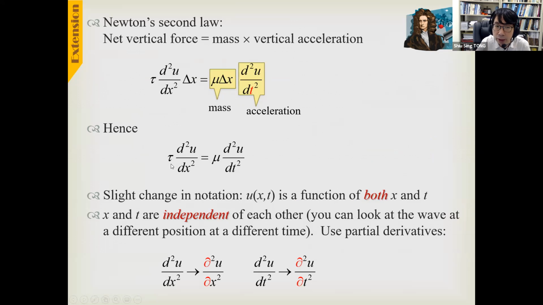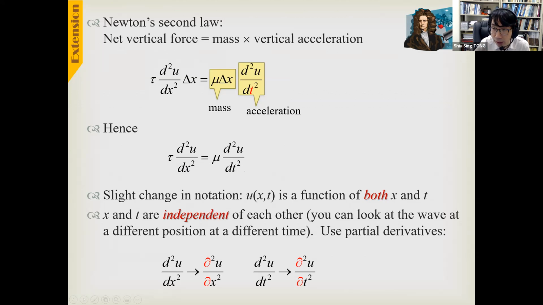The wave equation states that tau, the tension, multiplied by d square u dx square, is equal to mu, the density, multiplied by d square u dt square. Now, you should note that although the two terms look very similar, they're actually very different. The term on the left-hand side is a derivative of u with respect to the position.